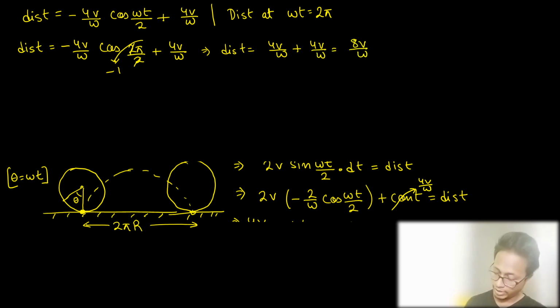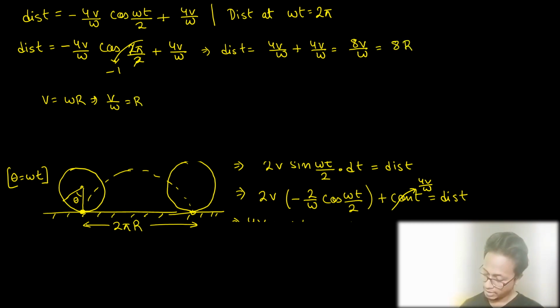For pure rolling, v is equal to omega r, or v by omega is equal to r. So 8 into v by omega is 8r. So the length of this entire path is equal to 8r.